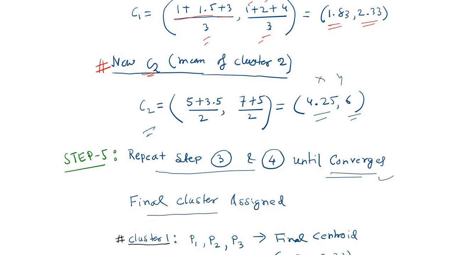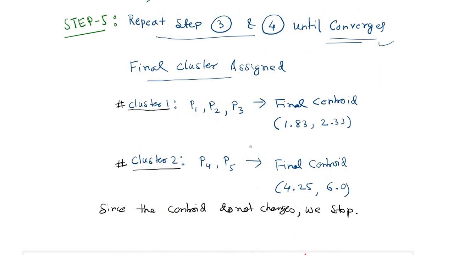The final cluster assigned will be P1, P2, P3 with centroid 1.83, 2.33 after computation, and cluster 2 you get for P4 and P5 with 4.25 and 6. Since the centroid does not change, the algorithm will stop.